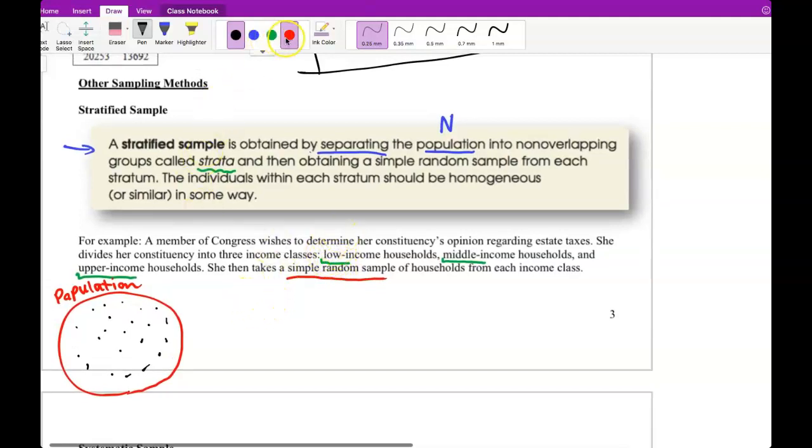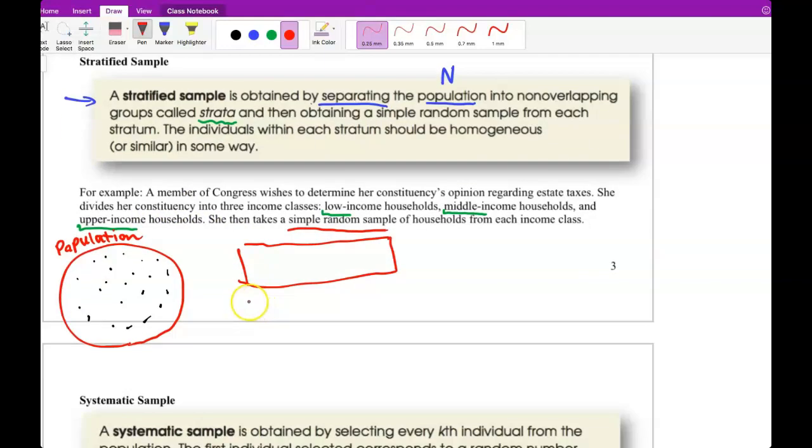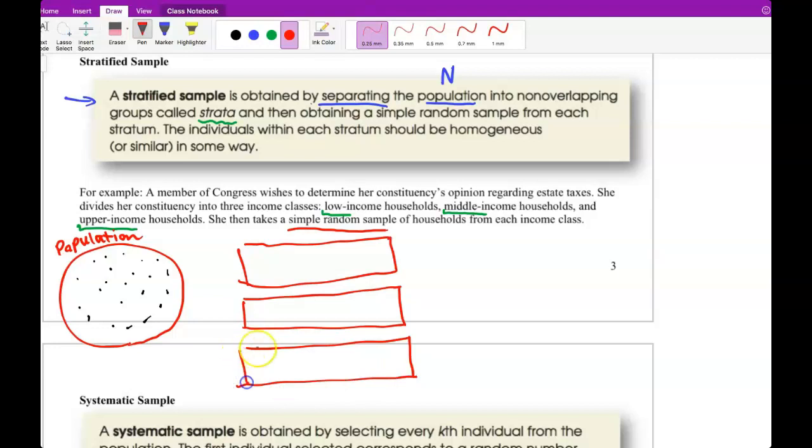Here we have 3 groups. The first one was low-income households, so this is low income. Next one, middle income.